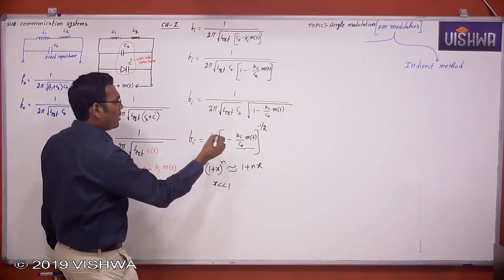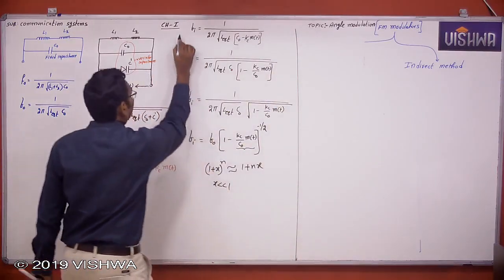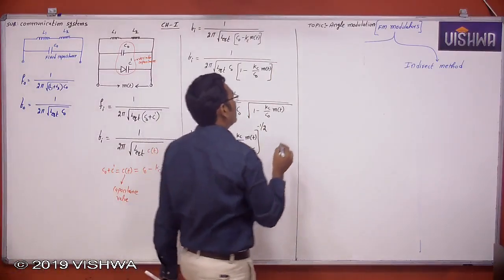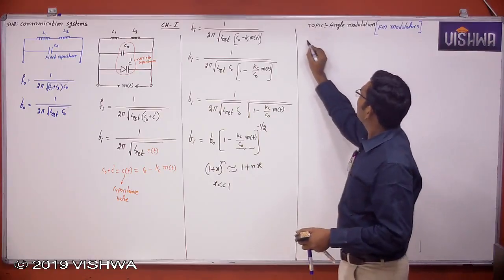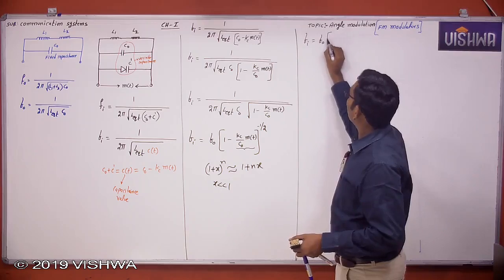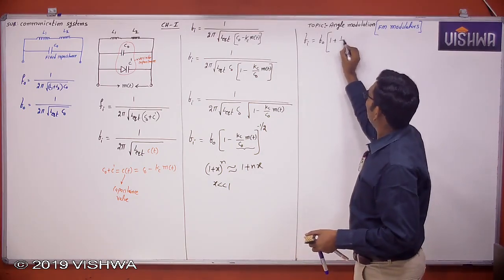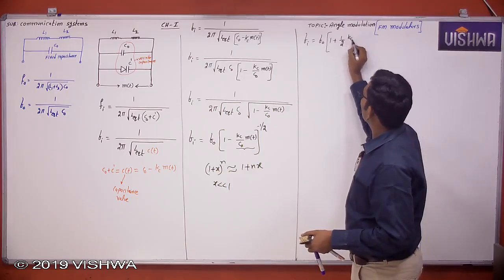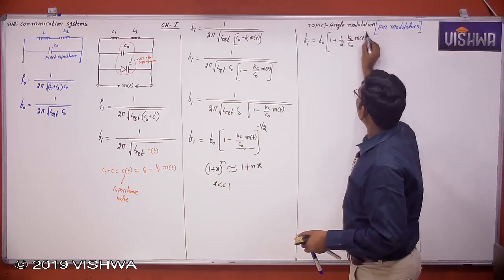Now similarly, if you substitute this, Fi is equal to F naught into 1 minus minus plus 1 by 2 into Kc by C naught into m of t.